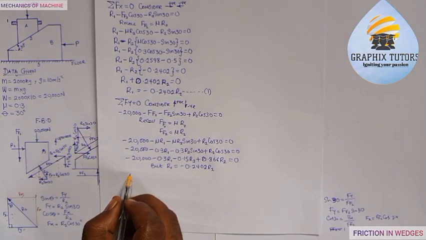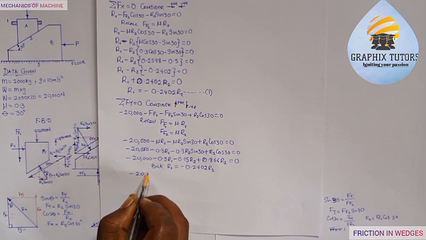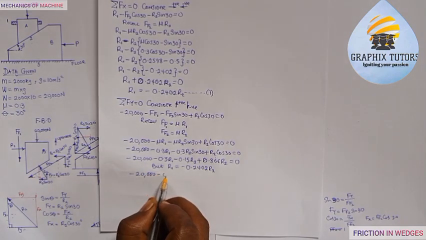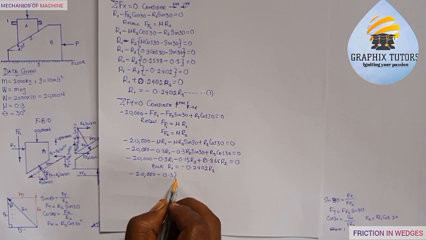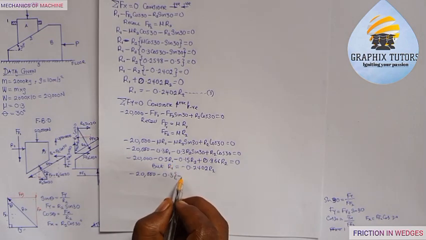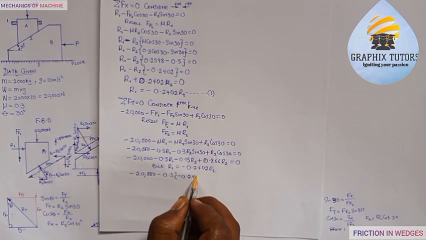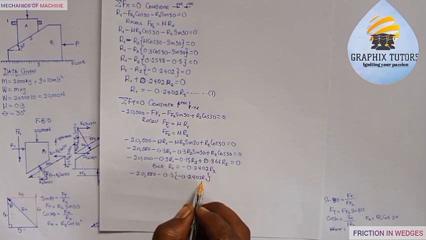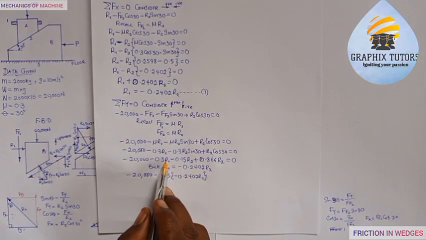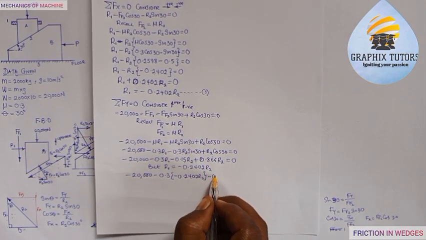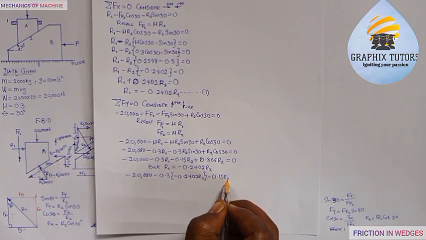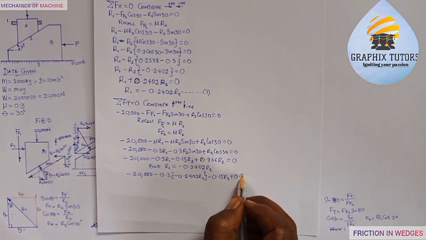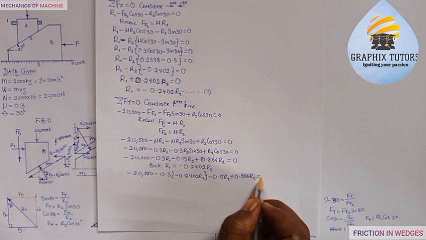So I'll now see that minus 20,000 minus 0.3 into bracket minus, I'll now put R1, 0.2402 R2. I'll close the bracket, so I've implemented here. So minus 0.15 R2, plus 0.866 R2 equals to 0.